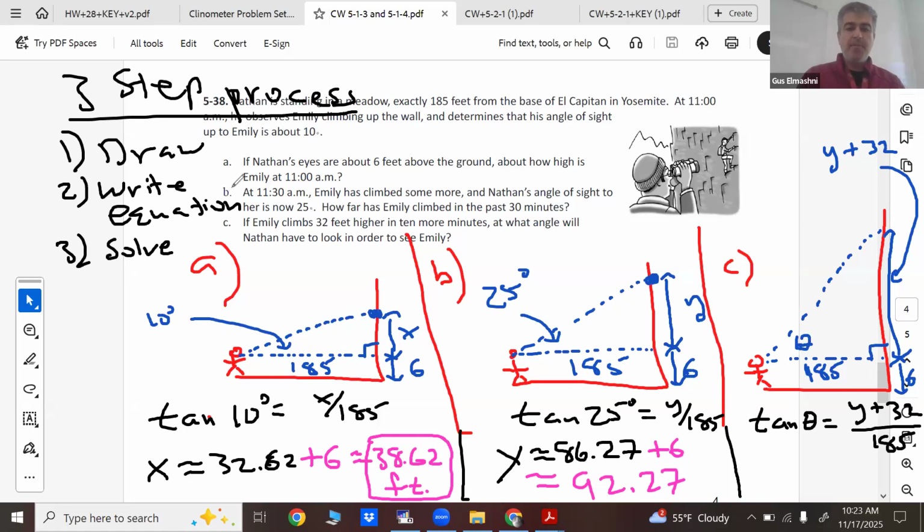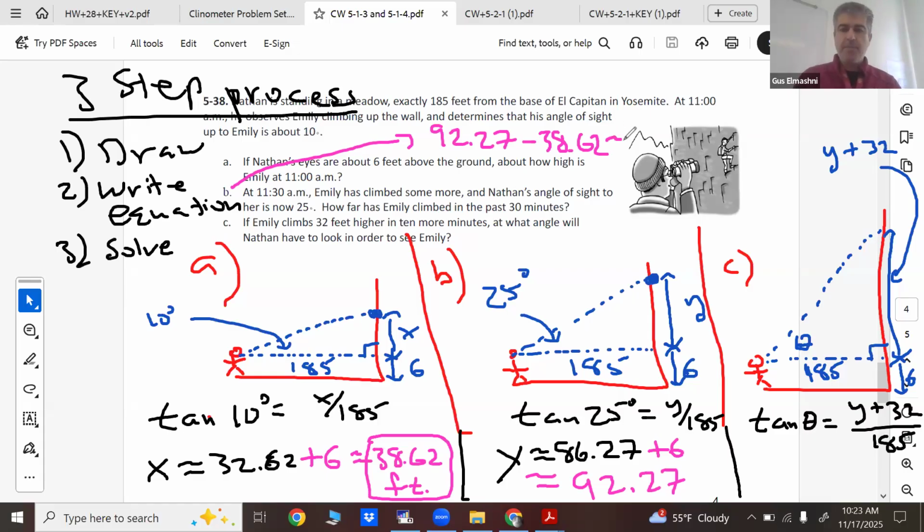For part B, you got to do 92.27 minus 38.62. Now, I will say this, because there's a lot of rounding going on here, if you're off by like 0.01, 0.02, I'll be forgiving about that. But you got to make sure you subtract, because that's what we're trying to do.